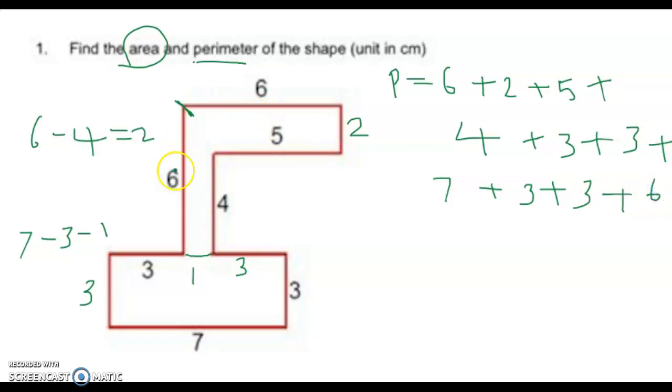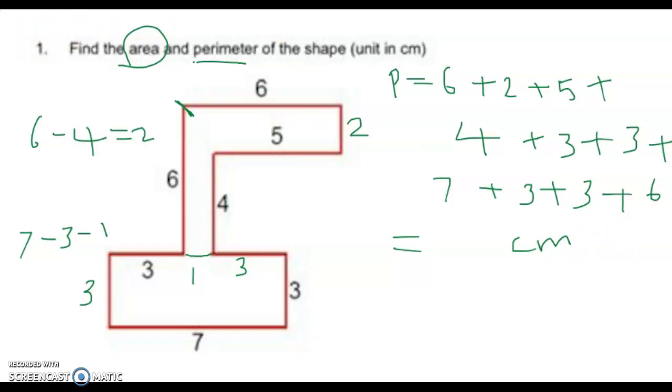Now I came back to this point by rounding through all the surrounding, isn't it? Now you can add them and find the perimeter. Okay, you can get the answer. Make sure the answer is in centimeter. Okay, that is how you find perimeter.